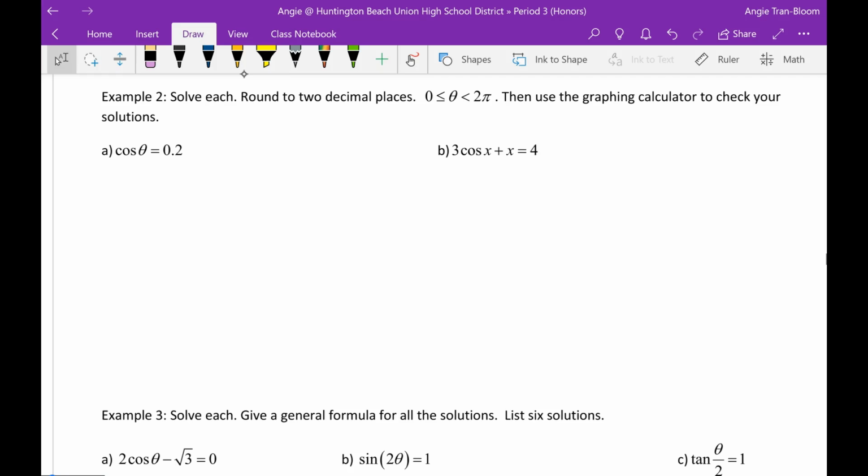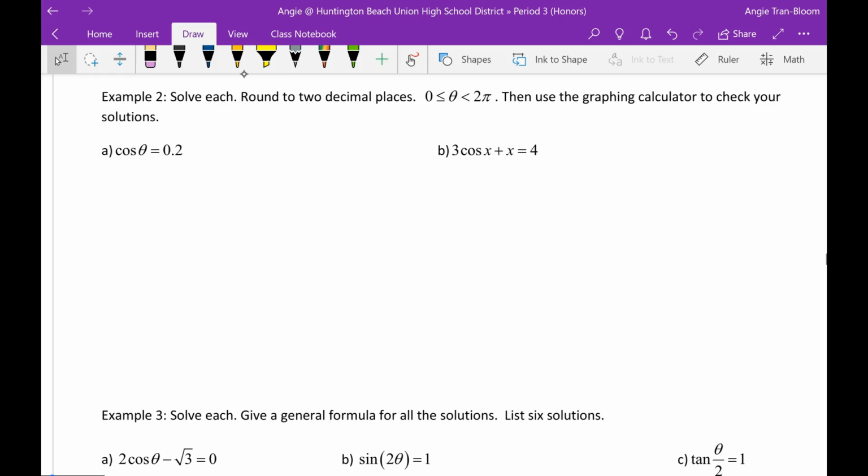I want you to try using the calculator to solve A, and then I'll teach you how to use the calculator. Ladies, focus, solve A. Once you have an answer, compare with your team.